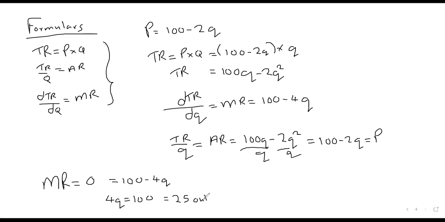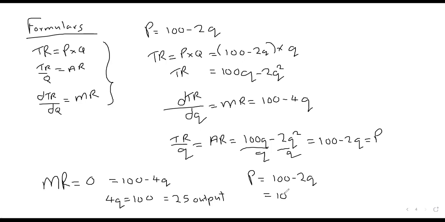So how do you optimize revenue? We first find the marginal revenue and we put it to 0. Then when we solve for Q, we substitute into the price function that we had. Our price function was 100 minus 2Q. So since we found our Q as 25, we substitute to also find the price.